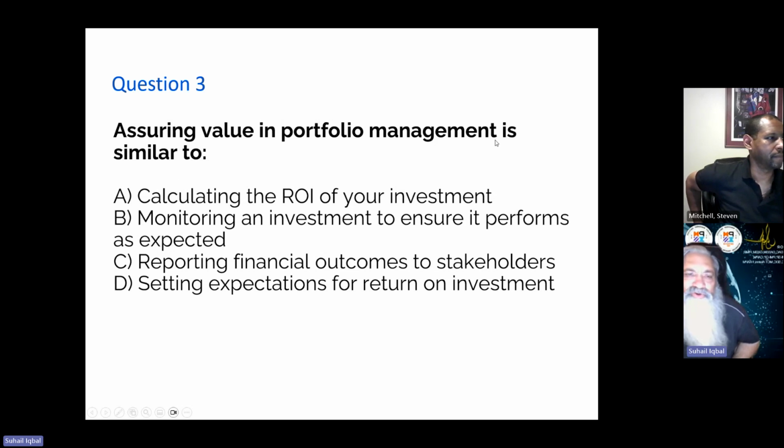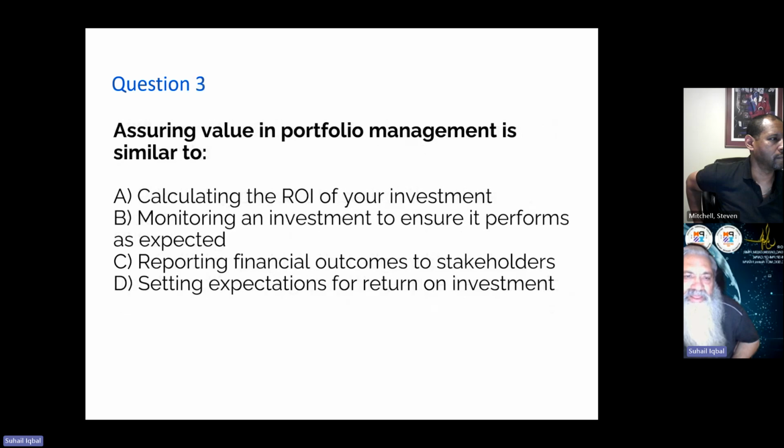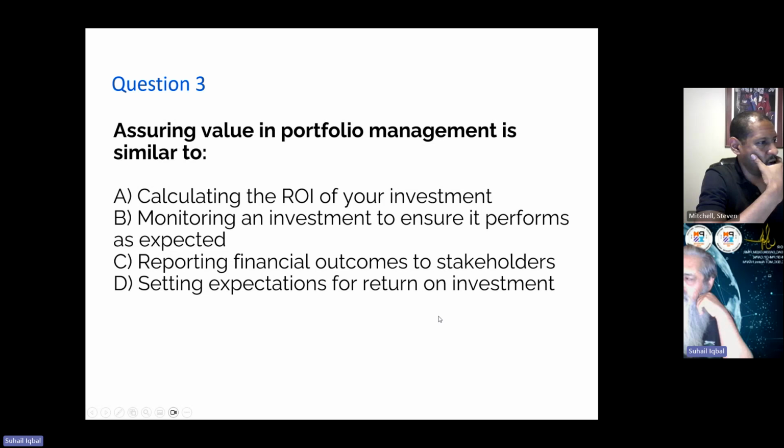Then assuring value in portfolio management is similar to doing what? I think this is a very simple question. A, B, C, D. What do you think? ROI, monitoring on investment, reporting financial outcomes to stakeholders, setting expectations for return on investment. I'd say B. I was thinking B or D, monitoring investment to ensure it performs as expected.